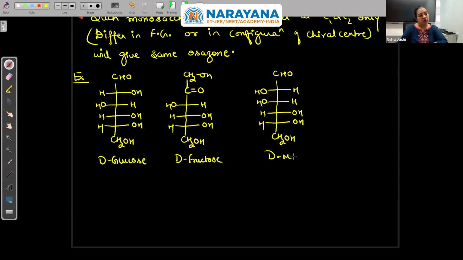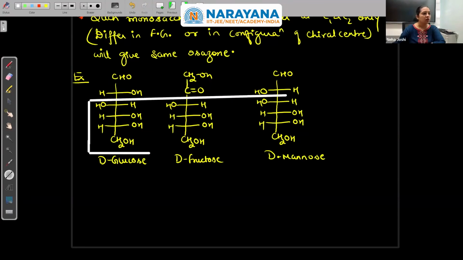I think all of you must be remembering this. Yesterday I mentioned it is D-mannose. Now, if you see what part is the same, if I compare this part of the molecule, just check, it is the same.